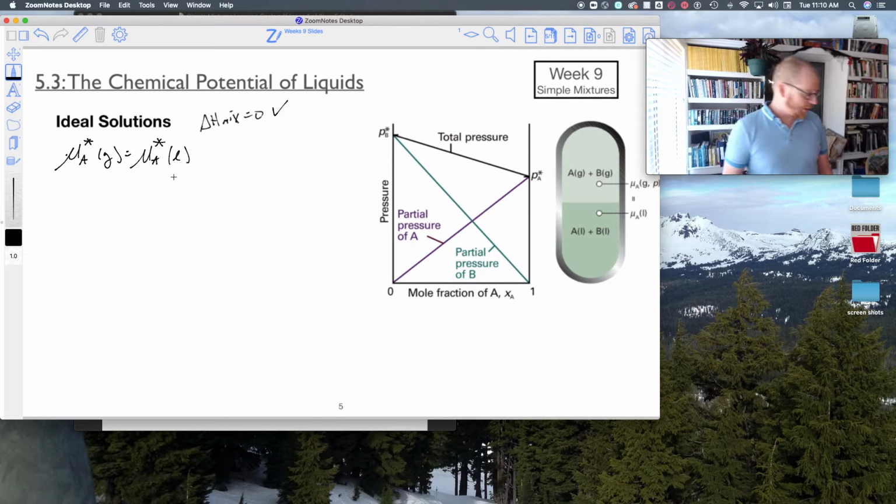So these two phases are in equilibrium with each other. Similarly, we can say that about B as well. B gas is in equilibrium with its liquid as well.